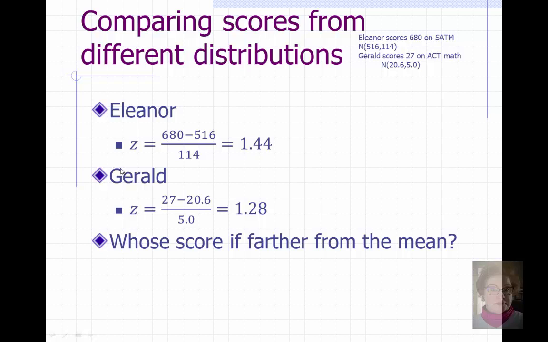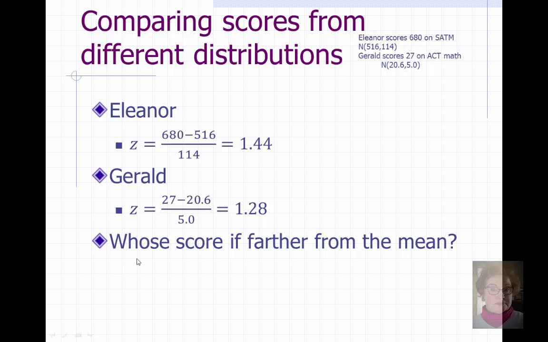Eleanor's standard score is 1.44. So Eleanor scored 1.44 standard deviation units above the mean for that SAT test, while Gerald scored above the mean, but he only scored 1.28 standard deviation units above the mean.